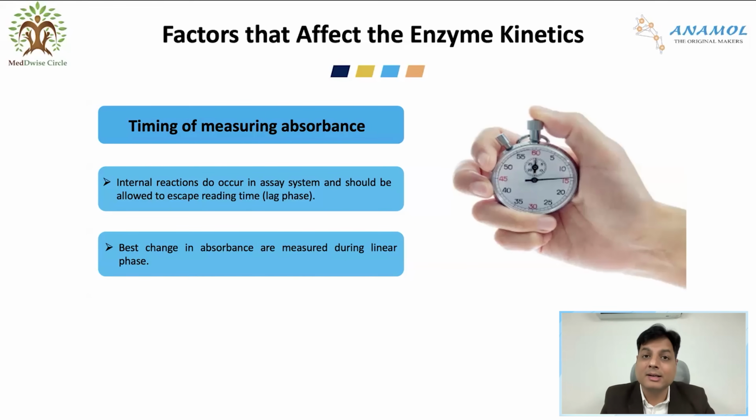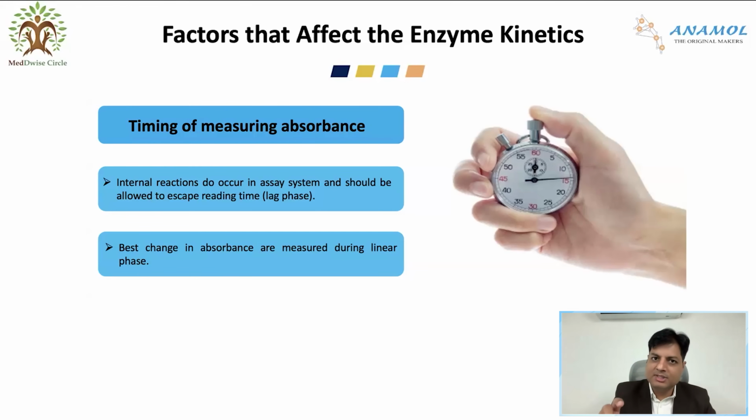Now, this particular time required for the enzyme to show maximum kinetics is represented in the form of a graph, and the initial part where the enzyme activity or the enzyme kinetics is not stabilized is called the lag phase.